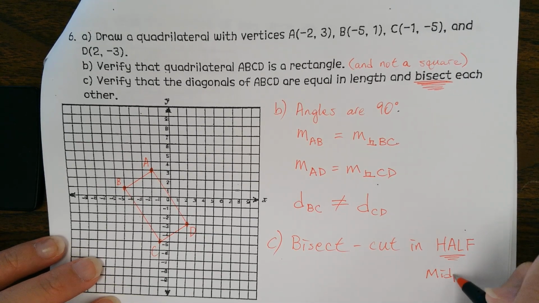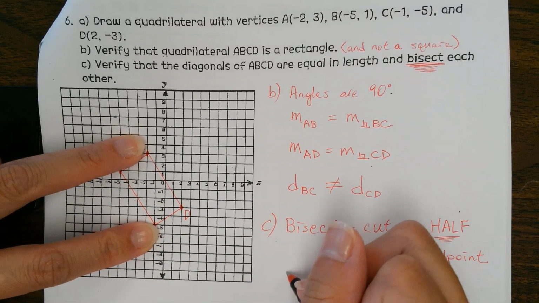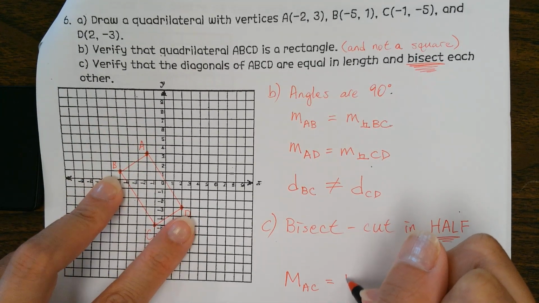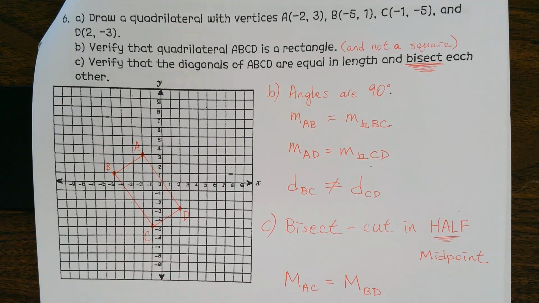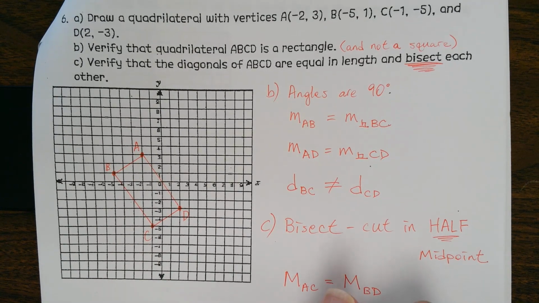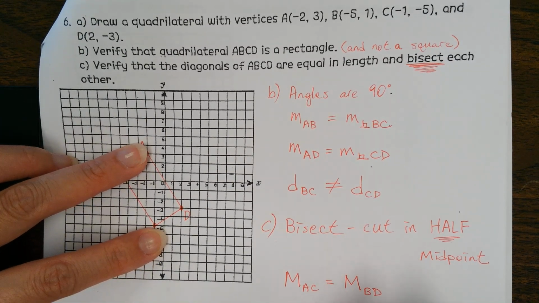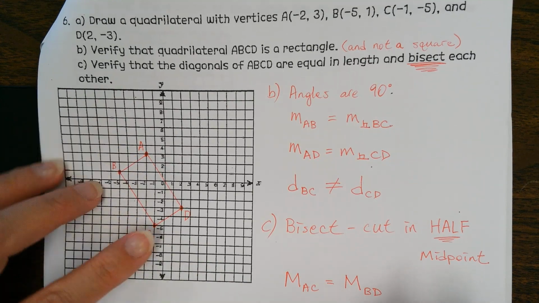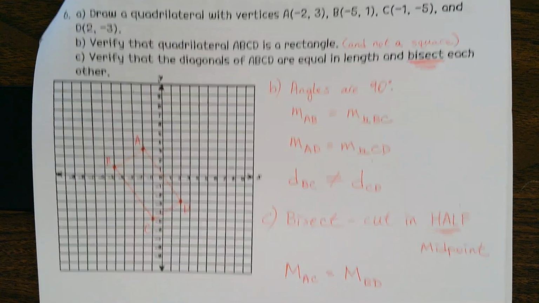Okay, so that means the midpoint of AC should equal the midpoint of BD. All right, and the distance of AC should equal the distance of BD.